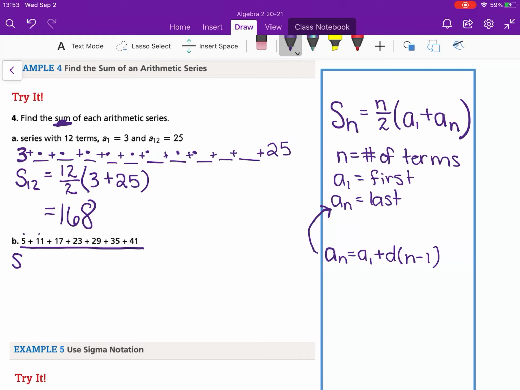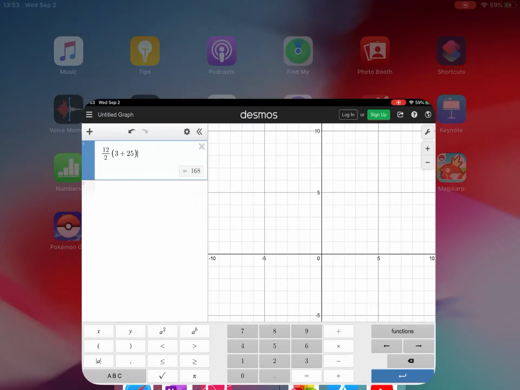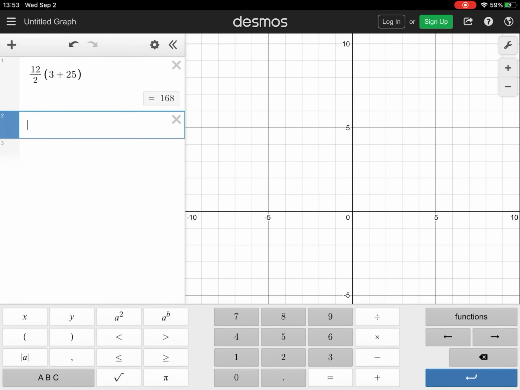So how many terms do I have here? 1, 2, 3, 4, 5, 6, 7 terms. That means n is 7. The first term is 5, and the last term is 41. Okay, so I had to type that in real quick before I forgot it.